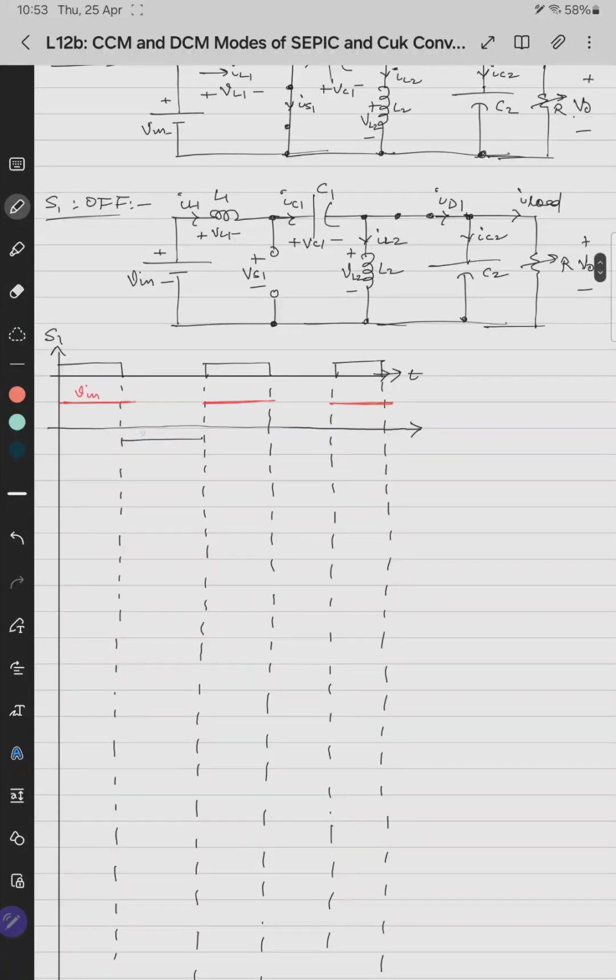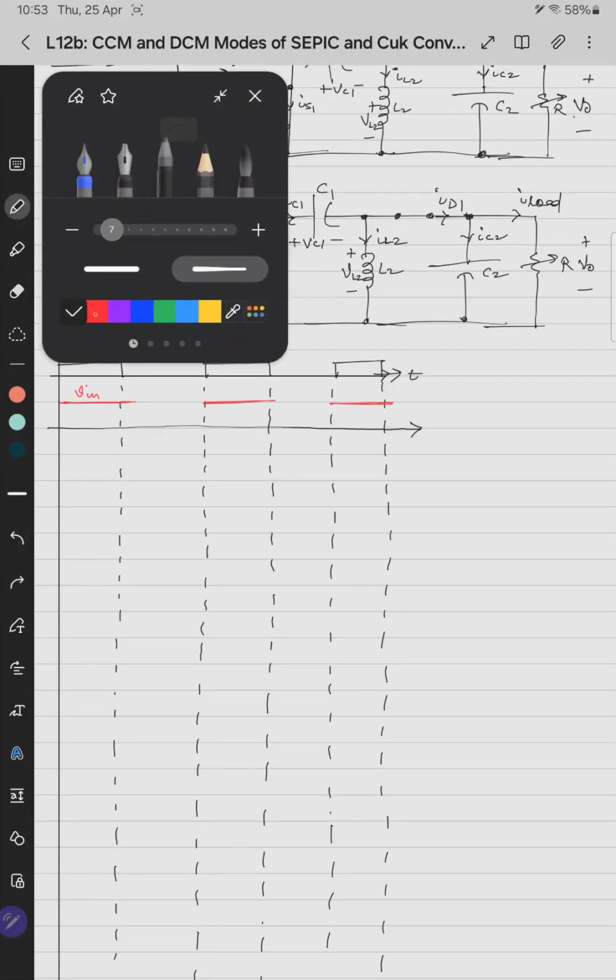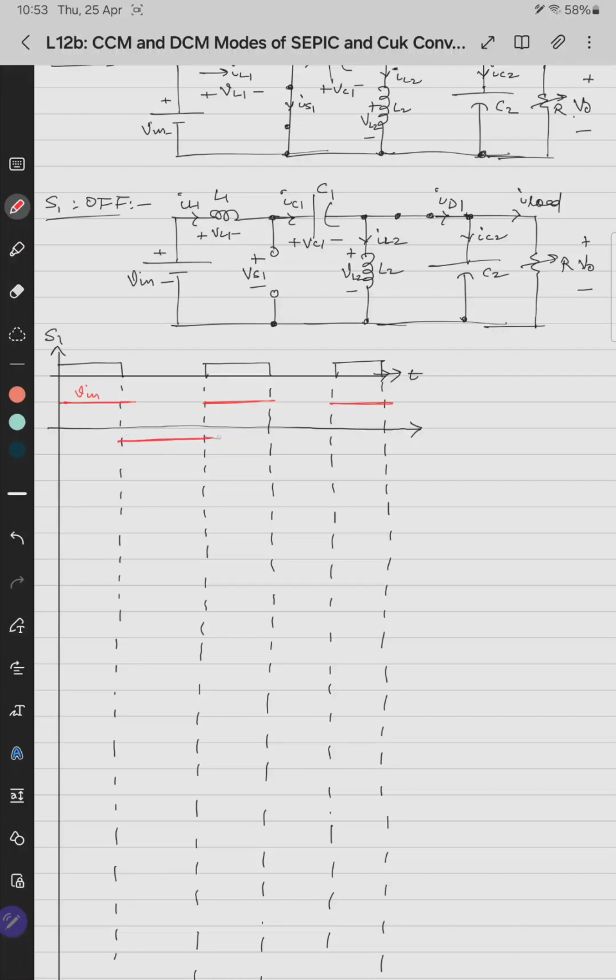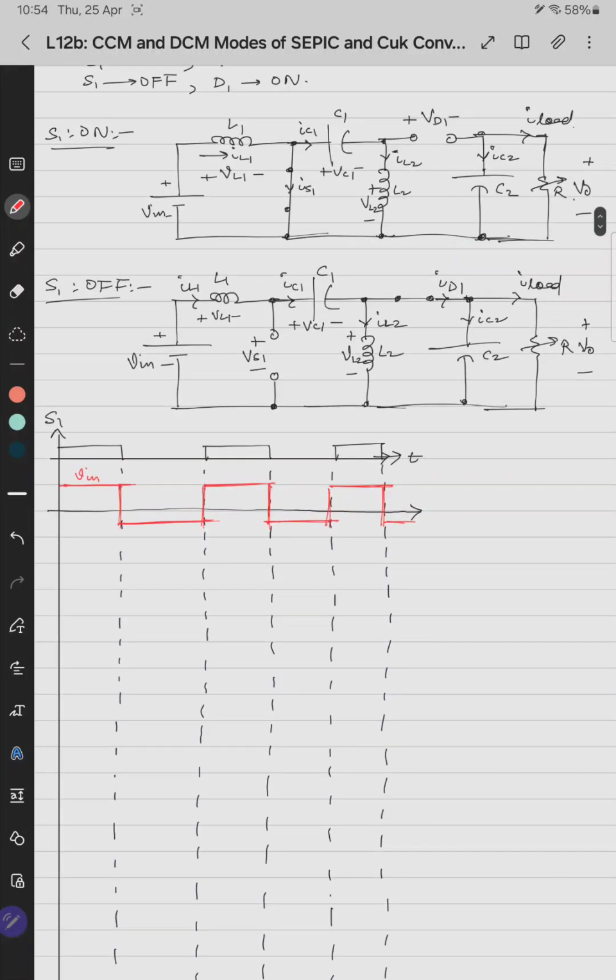So here I'll draw. This is Vin, and this is Vin during positive time.